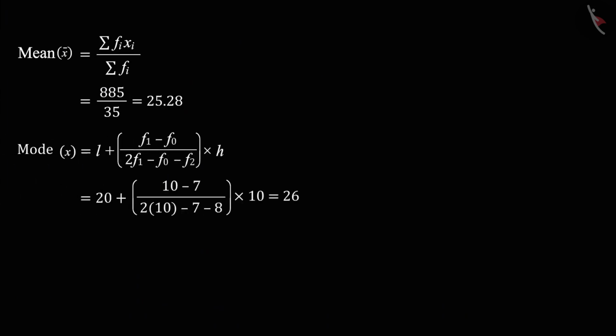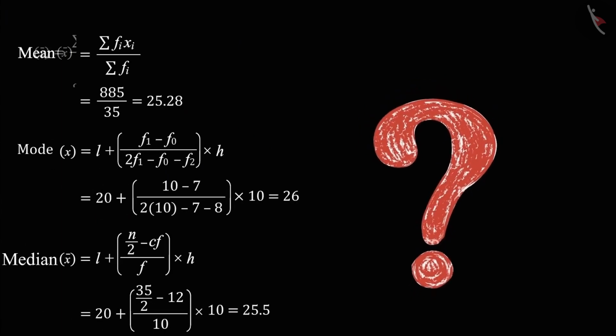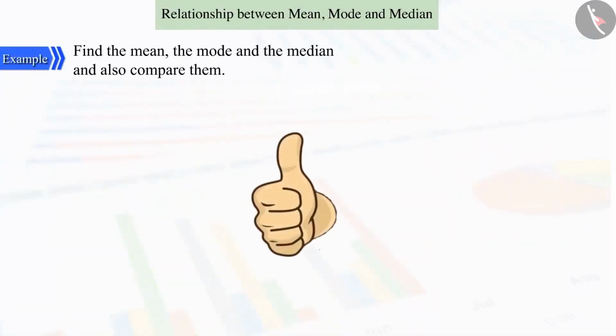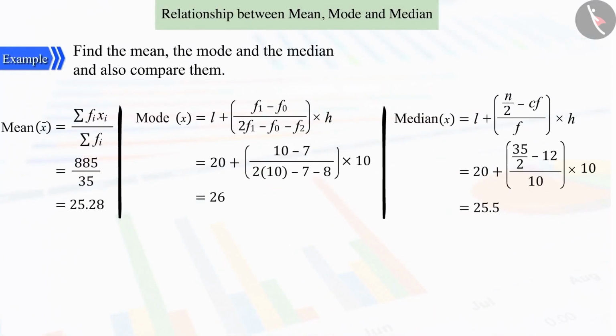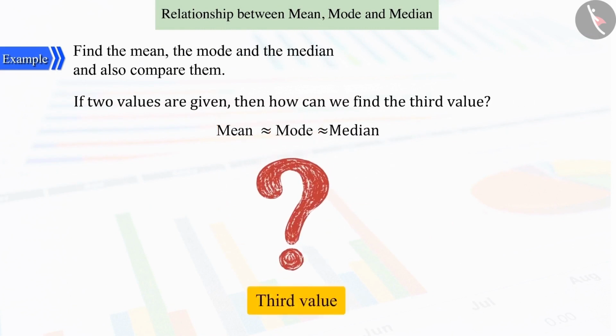Note and tell what are the similarities between the mean, the mode, and the median. You are absolutely right. Looking at the values of these three, one can say that these are the nearest values to each other. But if you're given a situation where the values of any two out of these three are given, then can you find the third value?